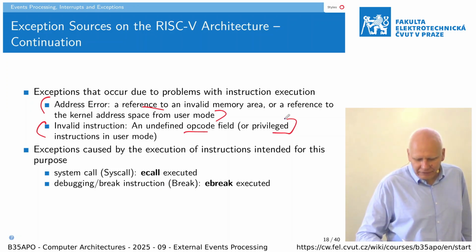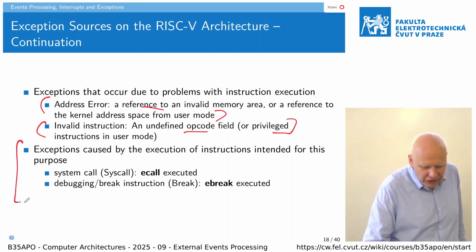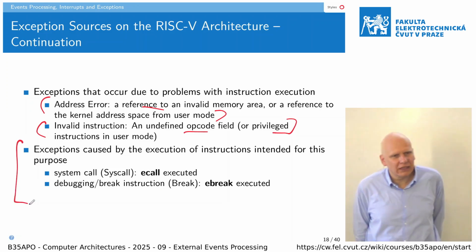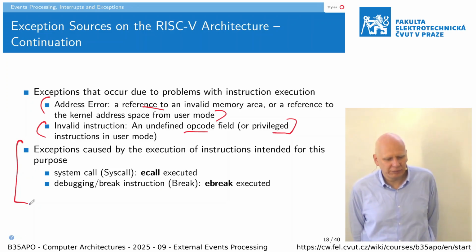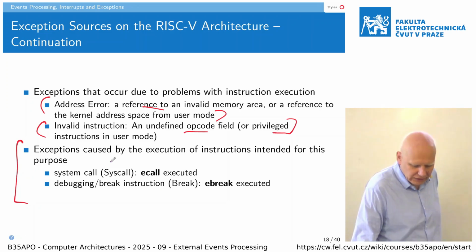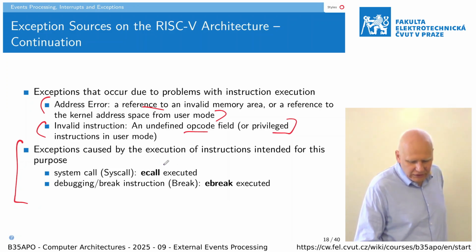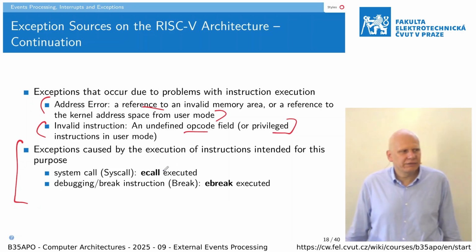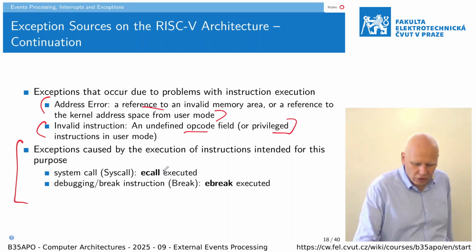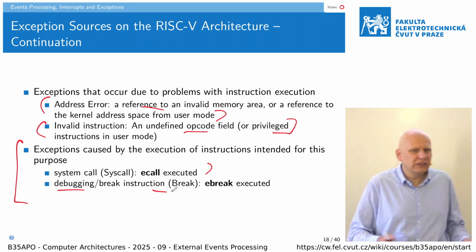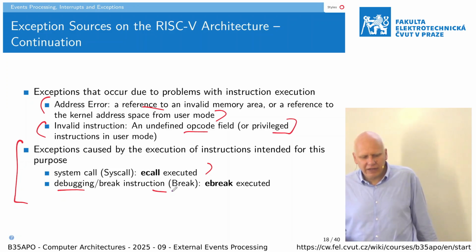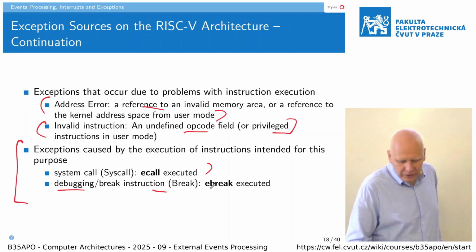And then we can have exceptions which are caused by instructions intended to cause an exception. One of those is the system call instruction. In the case of RISC-V, it is called the eCall, environment call instruction. And we can have the debugging break instruction, which you have seen in the simulator as the final instruction of our examples.